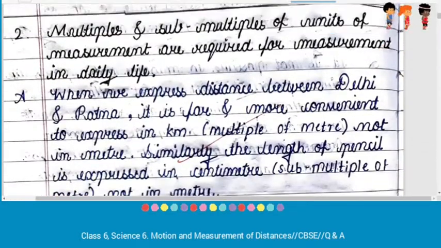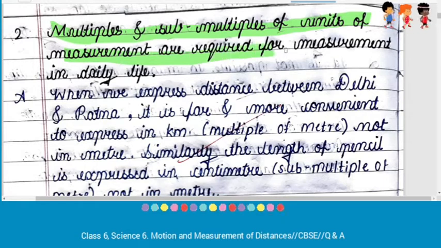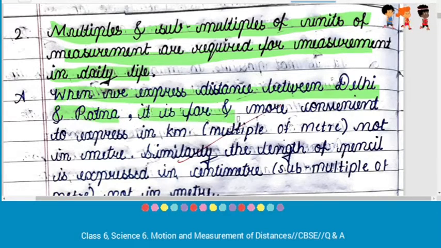Second one, multiples and submultiples of units of measurement are required for measurement in daily life. Answer, when we express distance between Delhi and Patna, it is far and more convenient to express in kilometer, a multiple of a meter, not in meter.